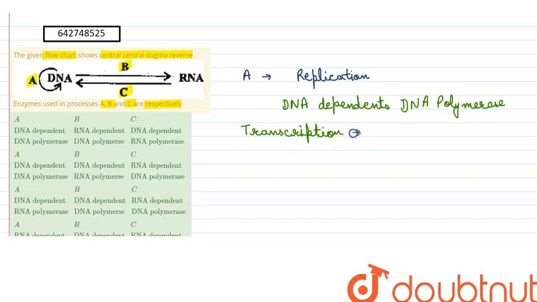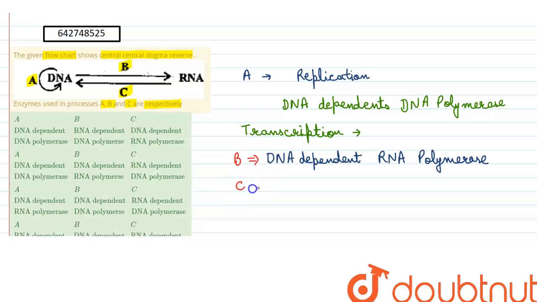So in this process, the DNA is the pre-existing template, therefore the enzyme would be DNA dependent, but the new molecule that is being formed is the RNA, therefore it would be RNA polymerase, because the new strand formed is of RNA. So it is DNA dependent RNA polymerase, right? That means the enzyme B here is DNA dependent RNA polymerase.